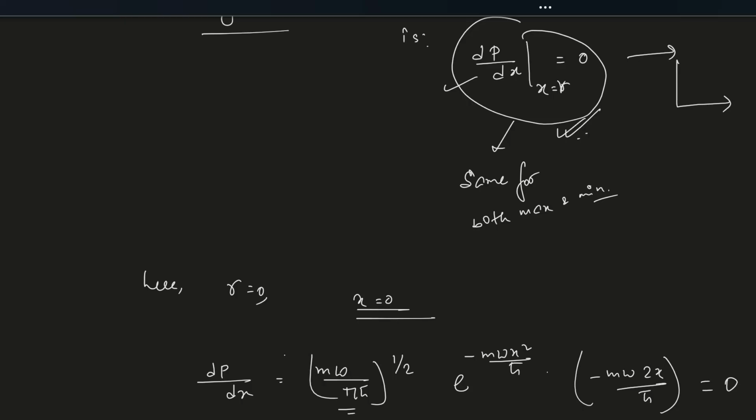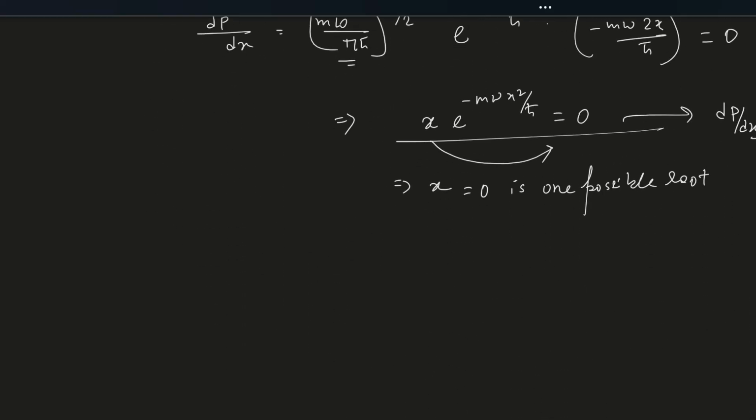From this, roots are possible. The simplest root satisfying this equation is x equal to 0. And this satisfies our first condition, dp/dx equal to 0 at x equal to 0. This is true.